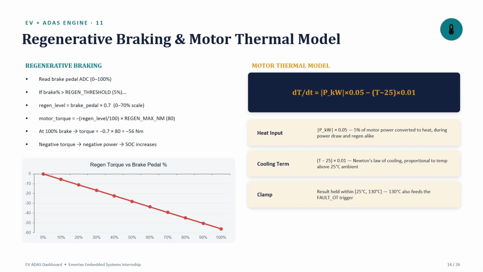Based on the regenerative level, we derive the motor torque, which is negative in nature. That negative motor torque helps us to recharge the battery. Okay, next, go on to the next slide.